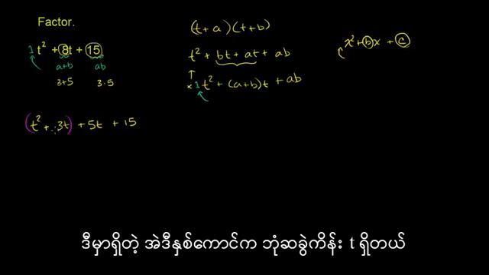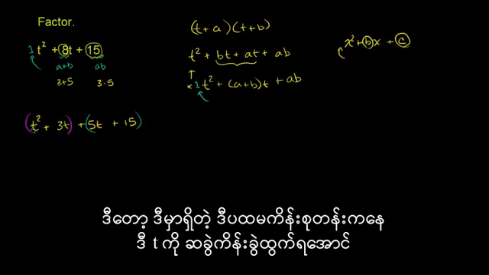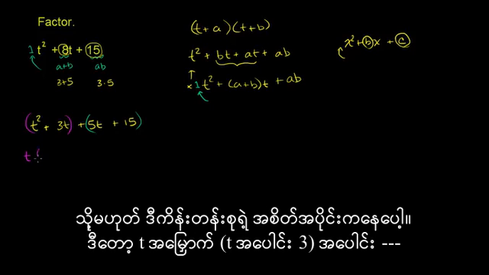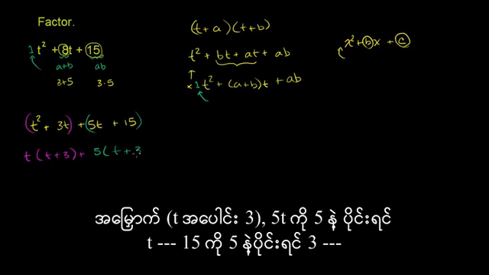These two guys right over here have a common factor t, and then these two guys over here have a common factor 5. So let's factor out the t in this first part of the expression. So it's t times (t plus 3) plus, and then over here, if you factor out a 5, you get 5 times (t plus 3). 5t divided by 5 is t. 15 divided by 5 is 3.